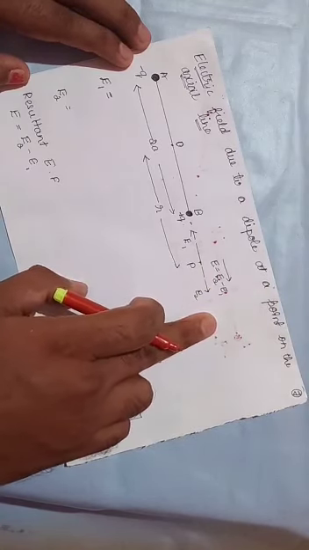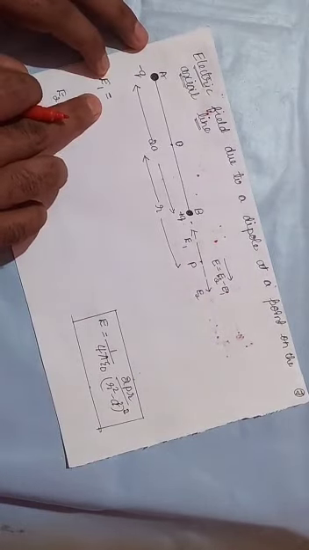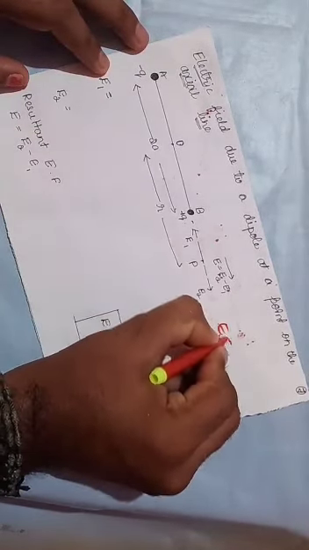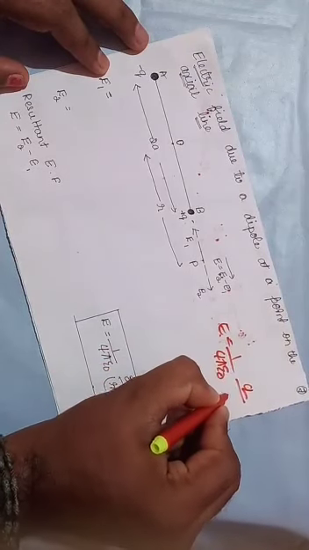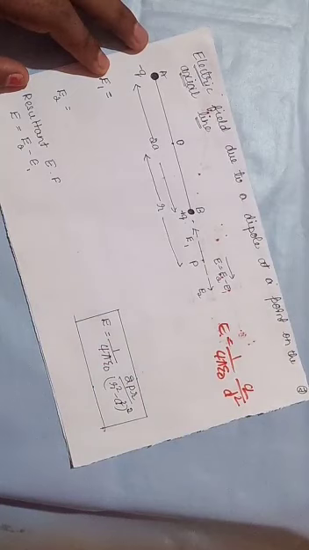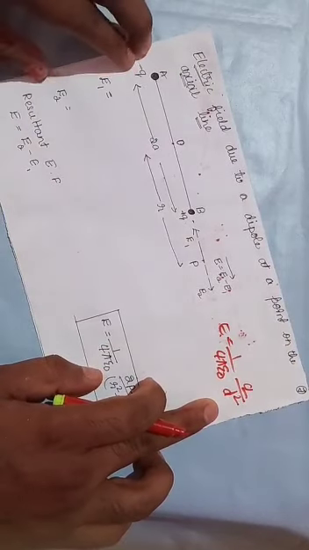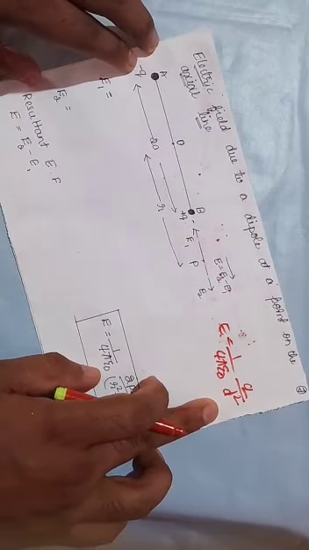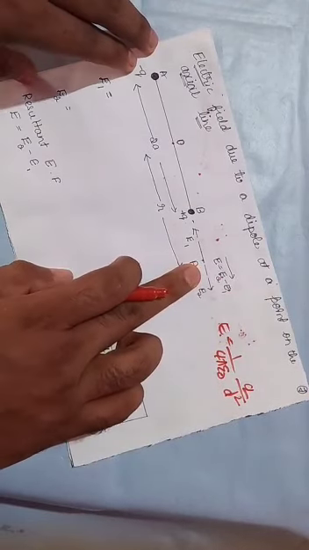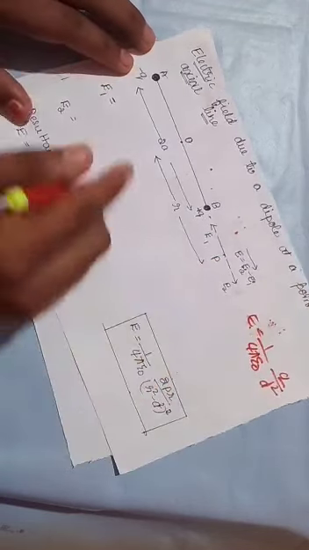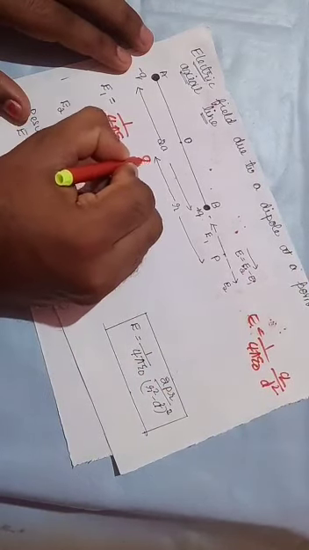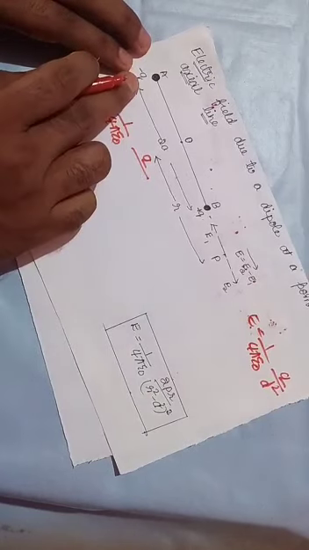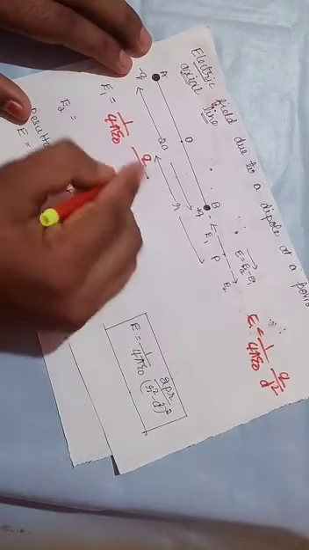So we will discuss here. The general definition of electric field is E equals 1 divided by 4 pi epsilon naught, Q divided by d square, if the separation distance is d. Now here we are considering the charge as minus Q and we are going to find the electric field at P. Therefore the electric field will be 1 divided by 4 pi epsilon naught, Q, taking only the magnitude, divided by AP square.